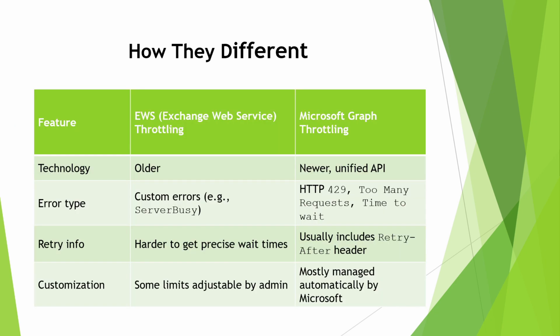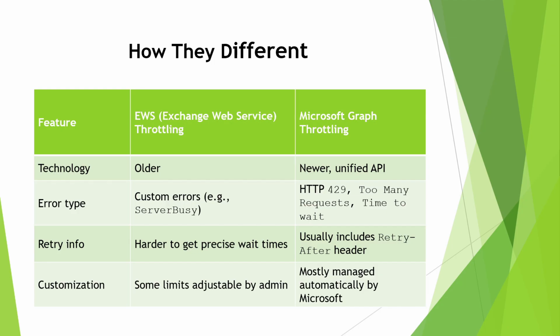How are they different? Feature technology: EWS, Exchange Web Services throttling, is older; Microsoft Graph throttling is a newer unified API. Feature error type: EWS uses custom errors, for example server busy; Microsoft Graph API throttling uses HTTP 429 too many requests.